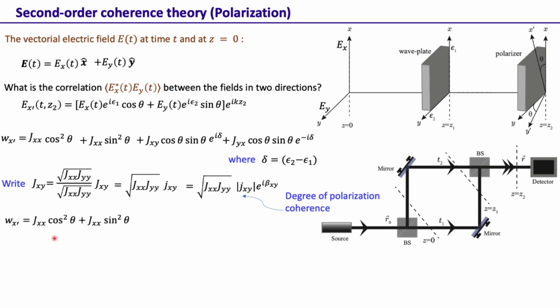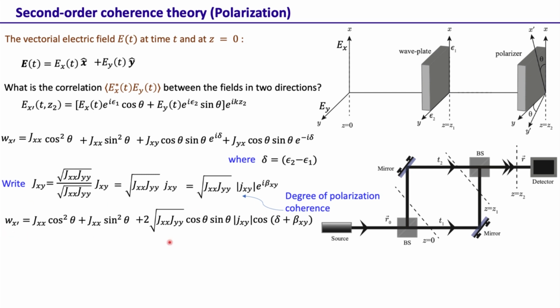Now in terms of this jxy, we can rewrite this W x prime, that is the intensity in the x prime direction, like this, just substituting this quantity for Jxy. So we see that this is Jxx cosine square theta, plus Jyy sine square theta, plus this term with the degree of polarization coherence jxy, and now we have this cosine term, cosine of delta plus beta xy.